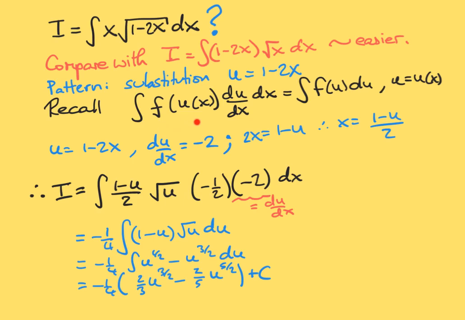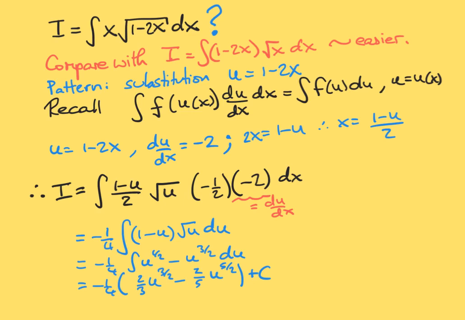And the key formula that we're looking at is this one: f of u of x multiplied by du dx integrated with respect to x. We can write it as f of u integrated with respect to u, and after calculating the integral, we can just replace u by u of x.